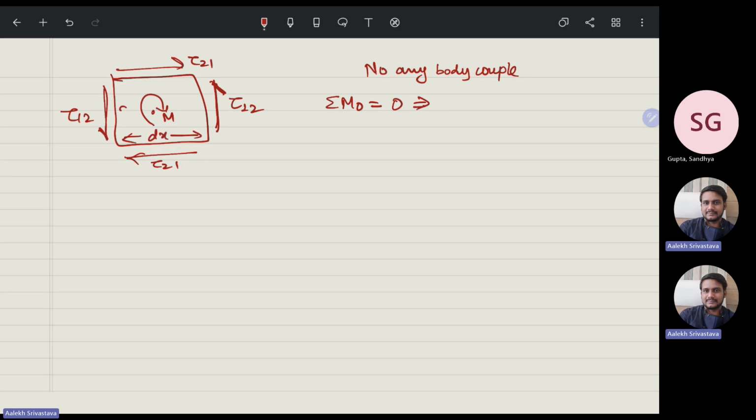Suppose this is dx and this is dy. Tau 1 2 into dx, force into perpendicular distance, is equal to tau 2 1 into dy, and the area perpendicular is dy into dx. This is the moment acting in the clockwise direction, and this is the moment acting in the counterclockwise direction. So tau 1 2 is equal to tau 2 1.